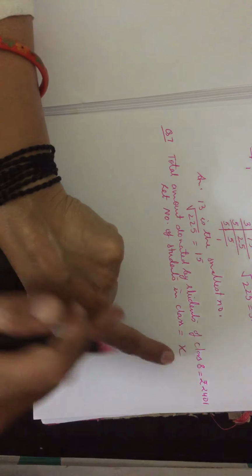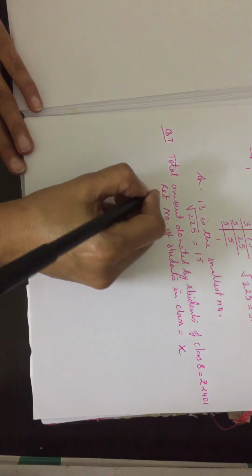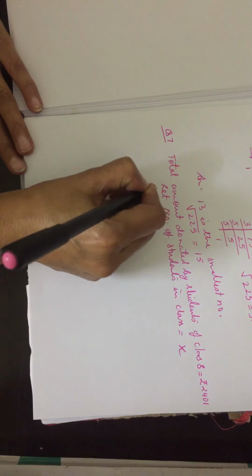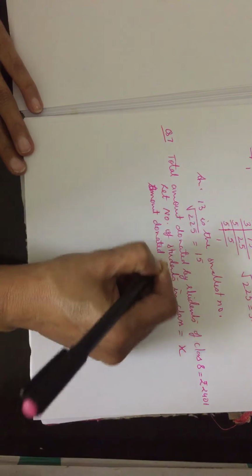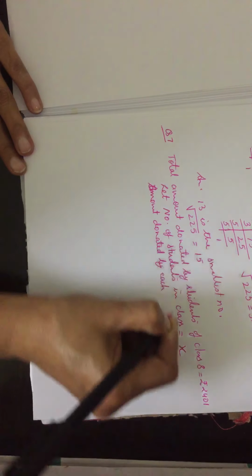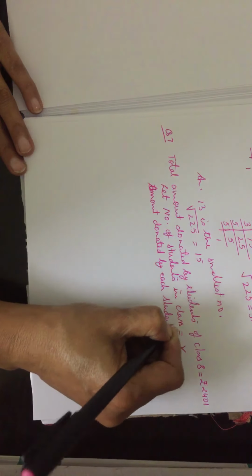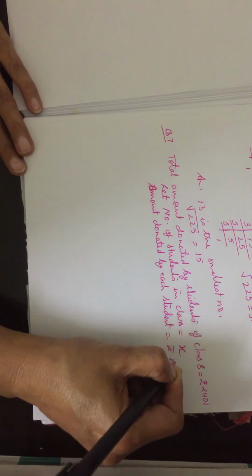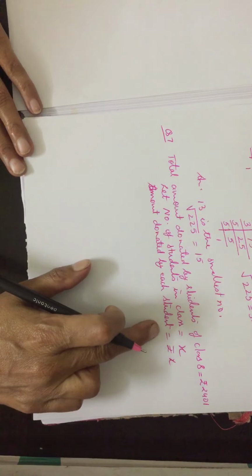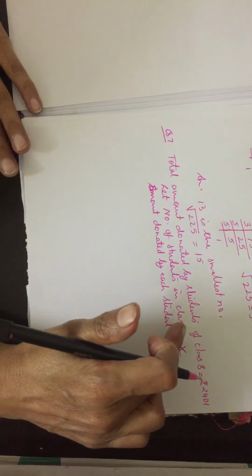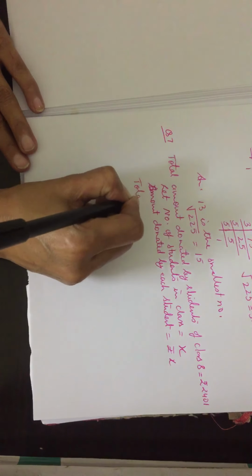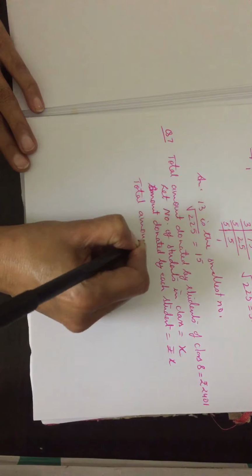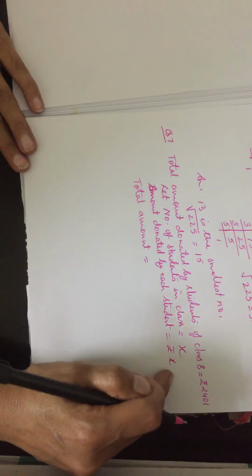Each student donated rupees X, because they are telling that each student will donate that amount. It means the total amount will be equal to X multiplied by X.